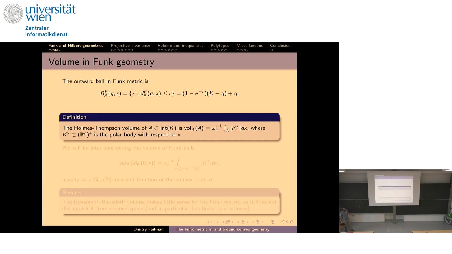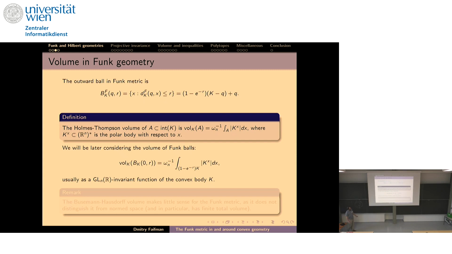So the density of this measure is just the volume of the polar body at this point. Of course, the closer x gets to the boundary, the larger the polar body is going to be, the larger the density is.